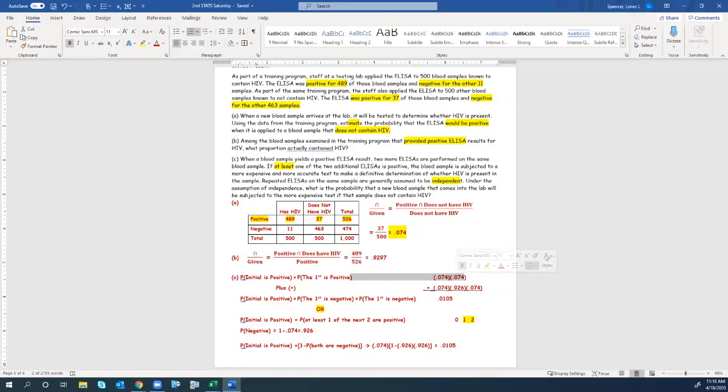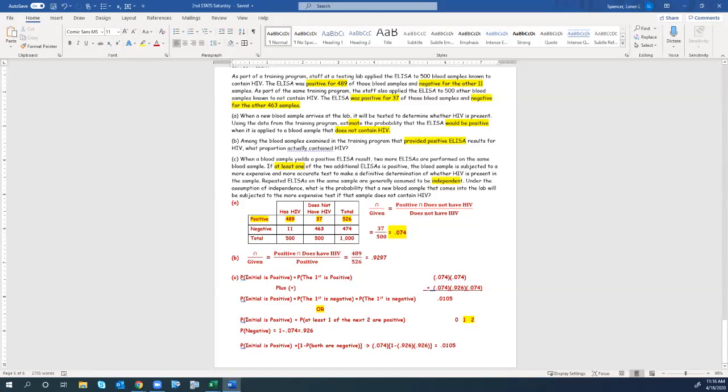That's not the only way to work the problem. The other way to work the problem is to sit there and go, you know what? I need the first test to be positive. That's still that 0.074 that we talked about. Remember when I highlighted at least one? That should make you go, oh, that's 1 minus.